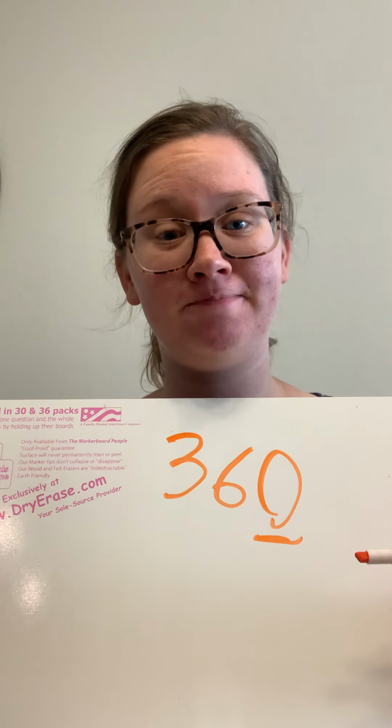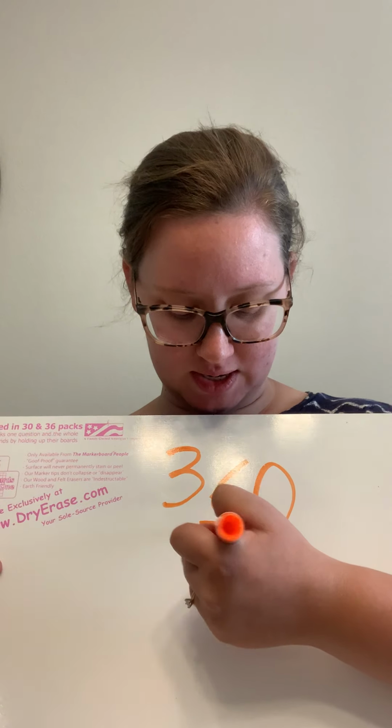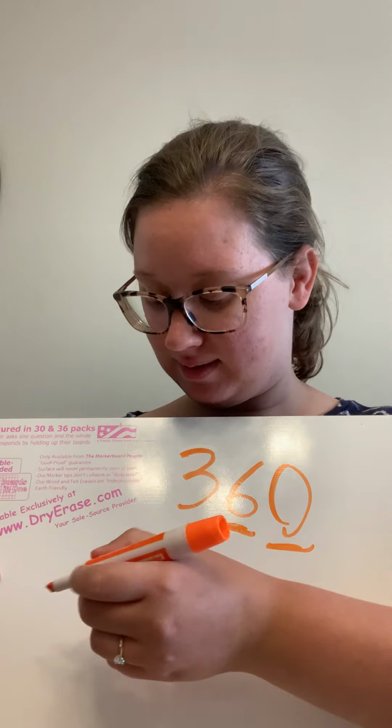Let's do a trickier one. Let's do G, 360. My ones place, do I have anything in my ones place? Nope, don't need to draw anything. My tens place, how many tens do I have? 6.